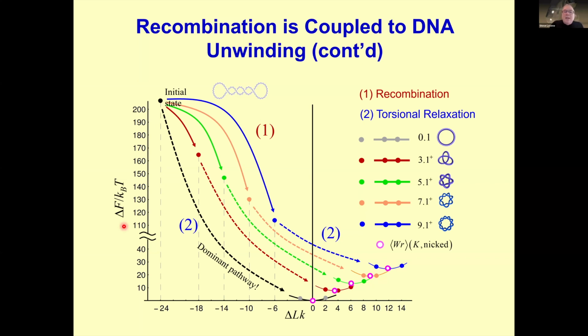So the natural mechanism of the enzyme has to involve some torsional relaxation to achieve unlinked states or less complex knotted states than would otherwise occur if you had simple quasi-static random collision.